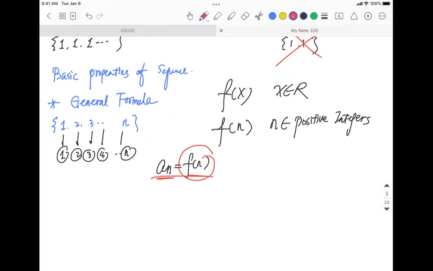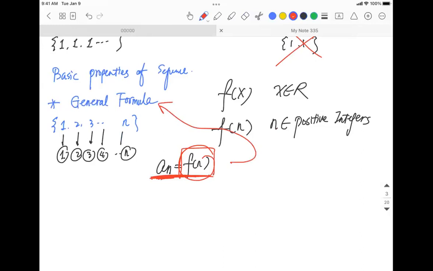As long as you can find a formula or expression that determines the items in the sequence right away, this kind of function or formula has a name: the general formula. So long story short, the general formula is a formula that helps you determine the value of a certain term in the sequence. As long as you know the general formula, you will be able to determine every single item in the sequence, right?